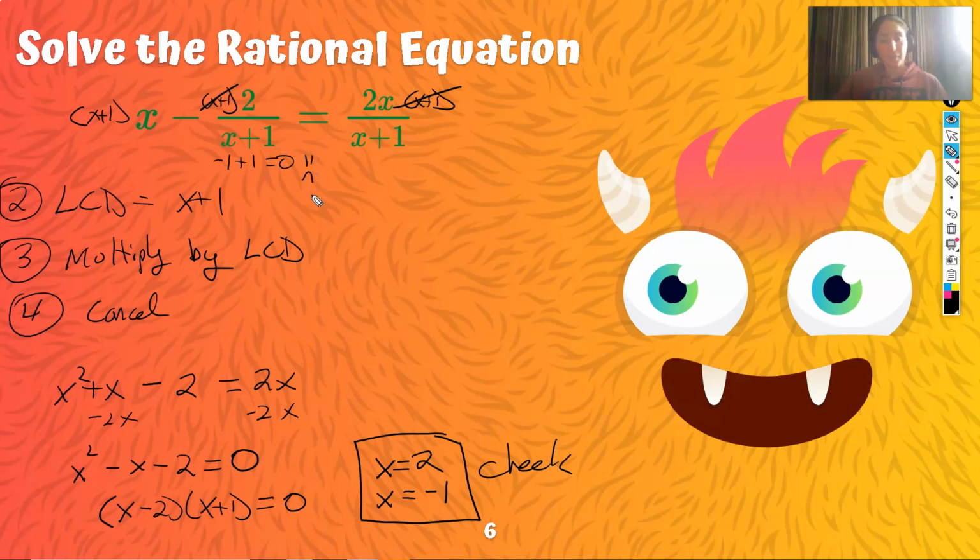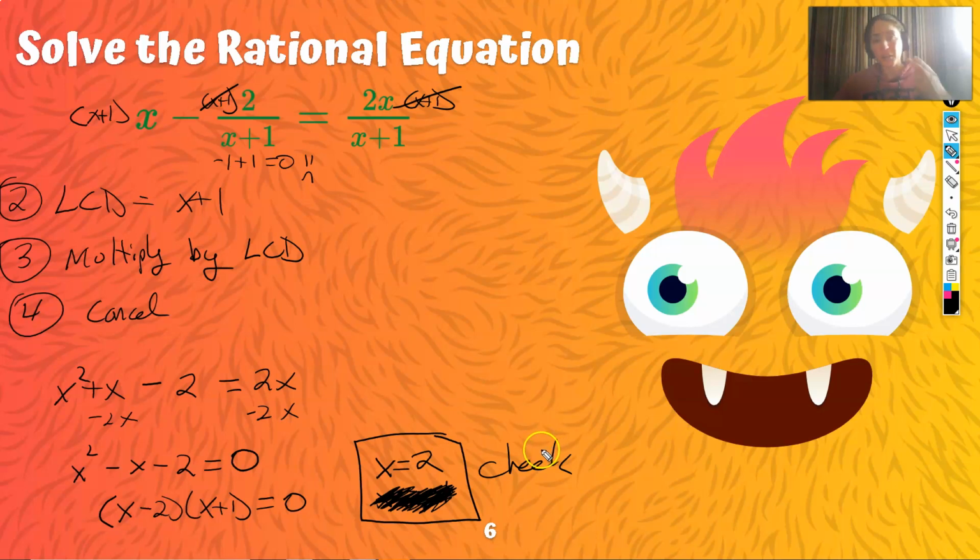When I sub in negative 1, I get negative 1 plus 1. Oh no. Right? We get a 0. That's bad. So what do I have to do? Because this solution caused a 0 in my denominator, I can't use it. It causes a 0 in the denominator. So the solution to this rational equation is simply x equals 2.